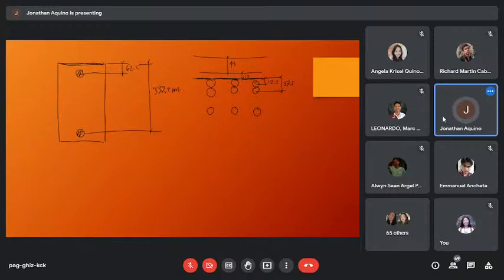Then this one will have a lever arm equal to, so this distance is 25 millimeters. So this one, we have 37.5 plus 25 plus 1/2 diameter of bar. So 1/2 times 25.